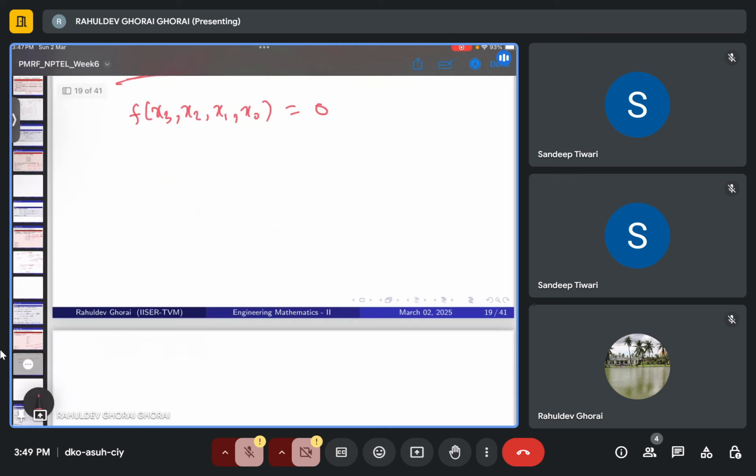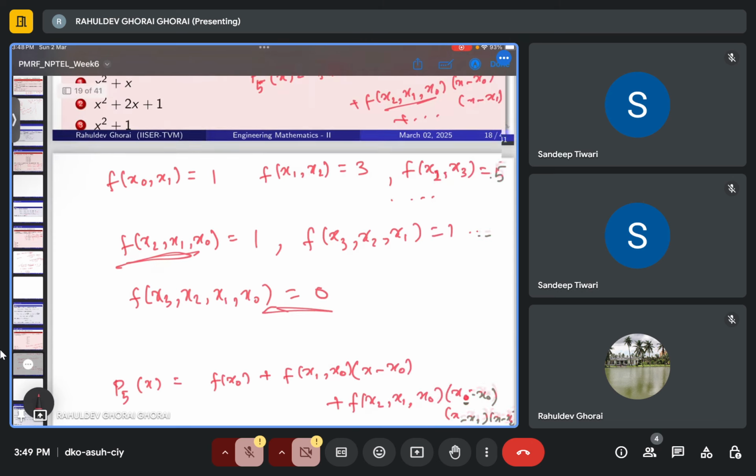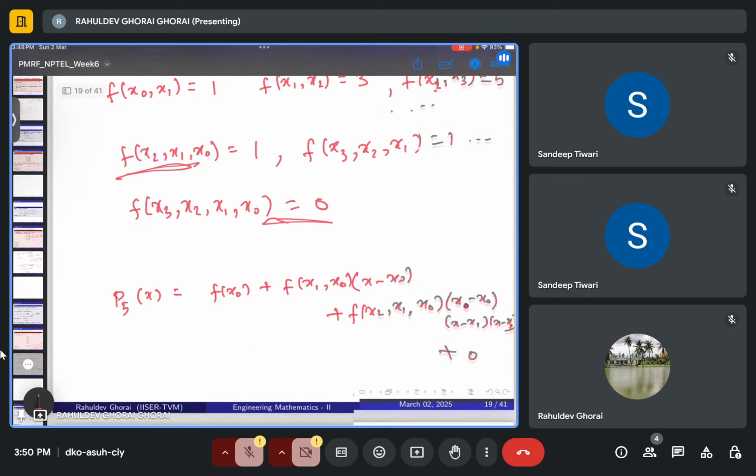So then P5(x) one can precisely write as f[x0] plus f[x1, x0] times (x minus x0) plus f[x2, x1, x0] times (x minus x0)(x minus x1), right? And plus 0, the other terms will be 0, because they are multiplications of a term that is 0.